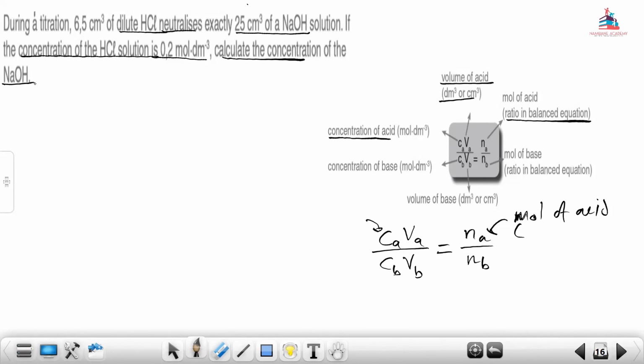So which one is our standard solution in this case? HCl is a standard solution. I'm going to write it here to say HCl is a standard solution. Why is it a standard solution?